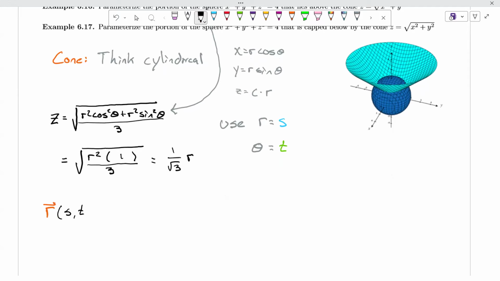So r of s and t is the parametric set of equations s cosine t, s sine t, and the thing that we got for z, which was 1 over root 3 times s.